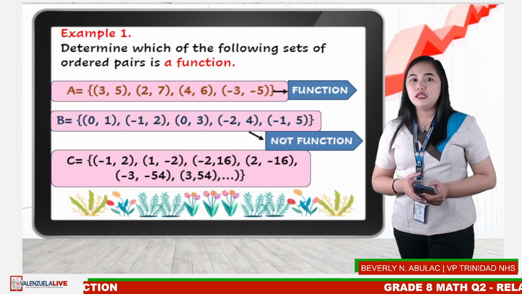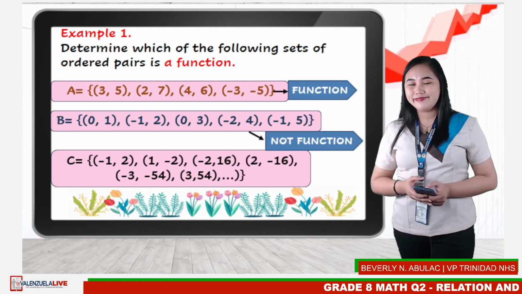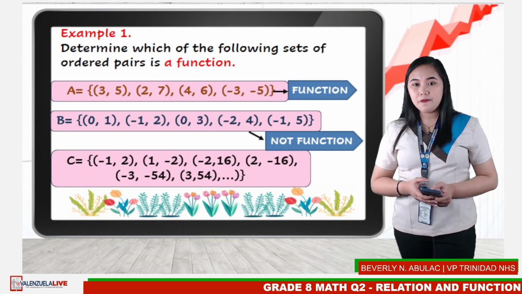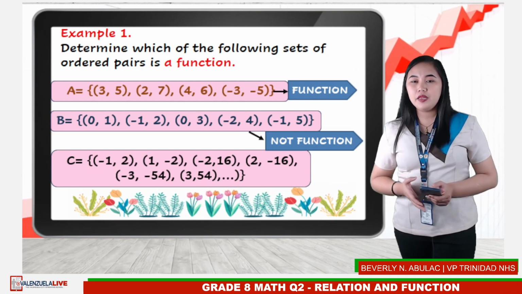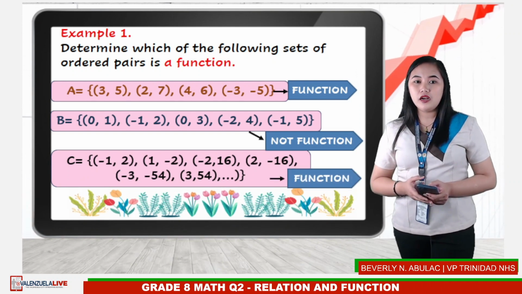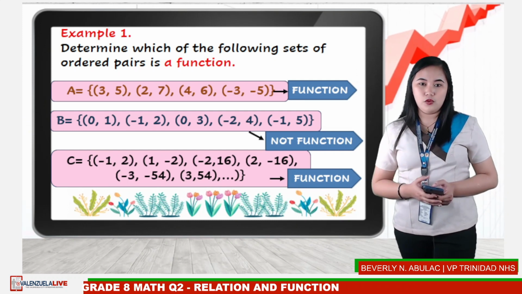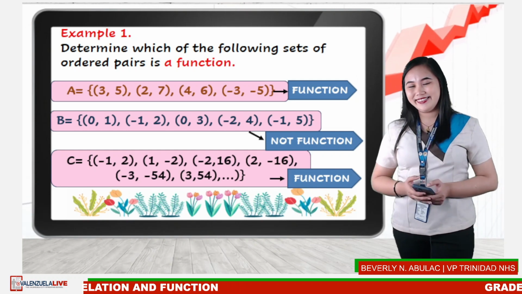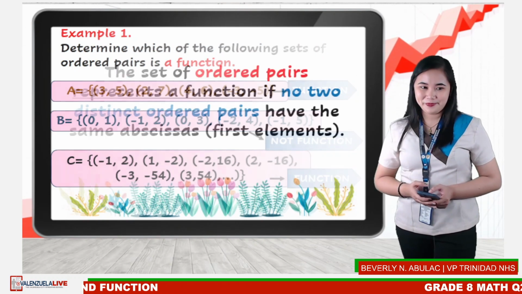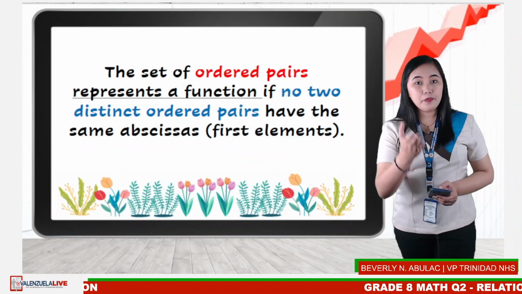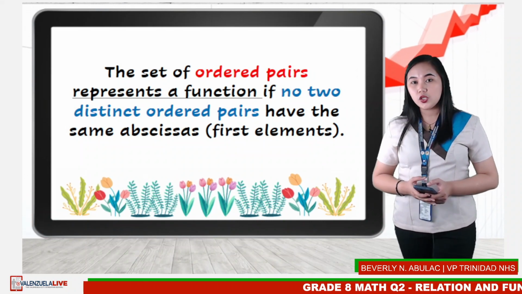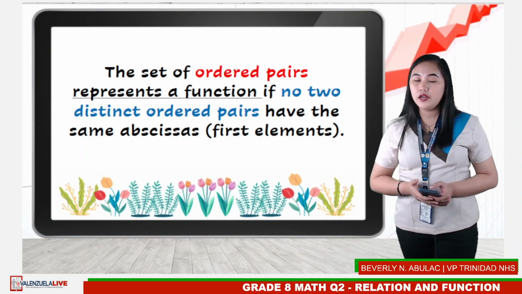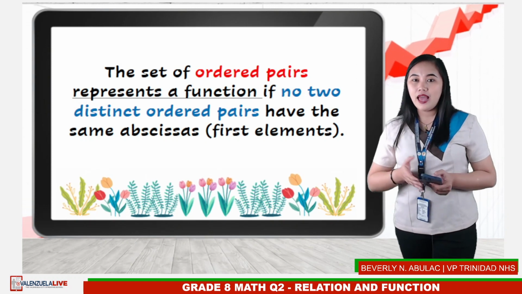How about set C? Set C is an infinite set, but the pattern shows that there are no abscissas with the same value. Hence, set C is a function. A set of ordered pairs represents a function if no two distinct ordered pairs have the same abscissa.